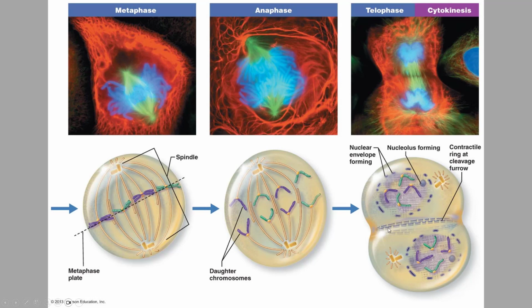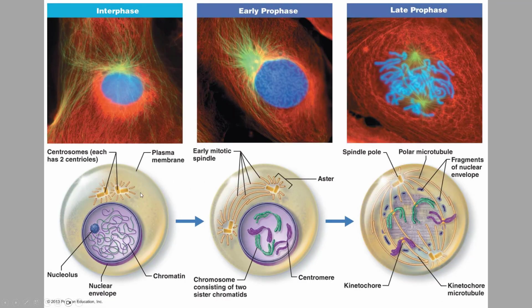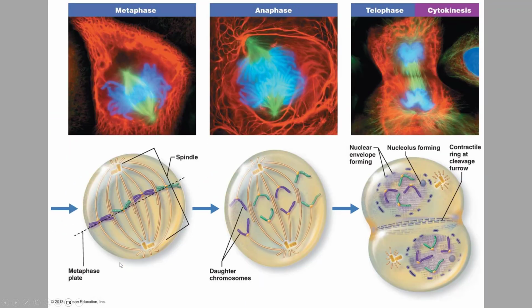We're going to pinch this cell in two until eventually we get two brand new cells that are in interphase. They are exactly identical to each other, and they are exactly identical to the cell that we started with. That whole thing is mitosis and cytokinesis.